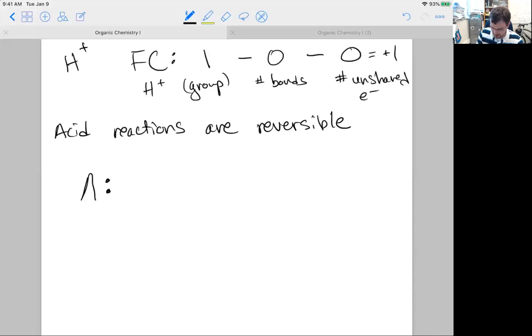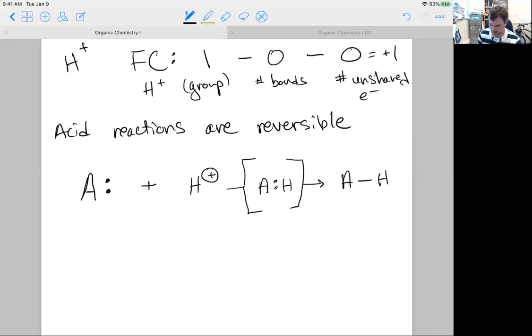I'm going to take a generic element and I'm going to label it as A. A can react with H plus to form, I'm just showing kind of an intermediate complex, if you will, to form a bond to H.